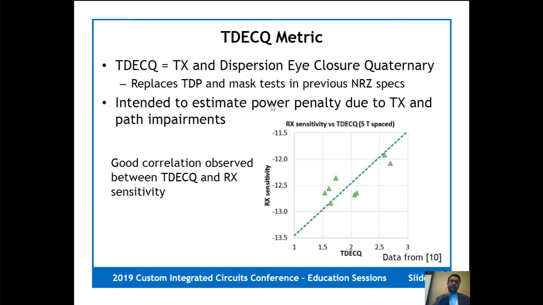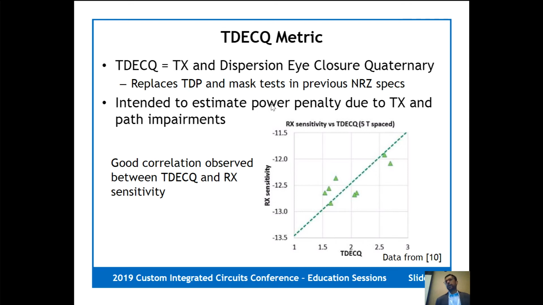The problem here is you want to come up with a transmitter spec that can be consistently measured independent of what kind of optical receiver you're using for measurement. So you should ideally get the same number for a given transmitter, regardless of what instrumentation you're using for measurement.